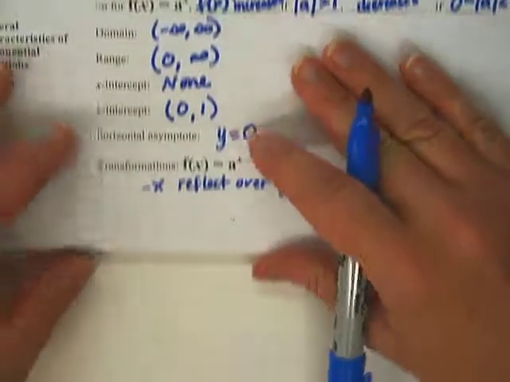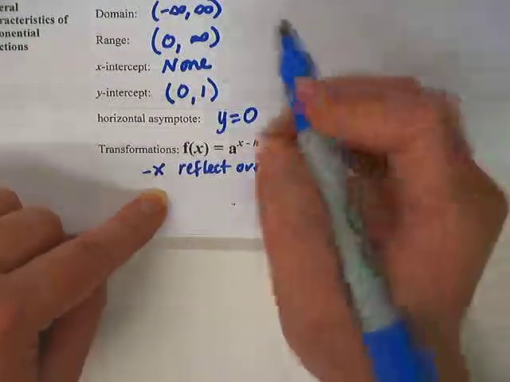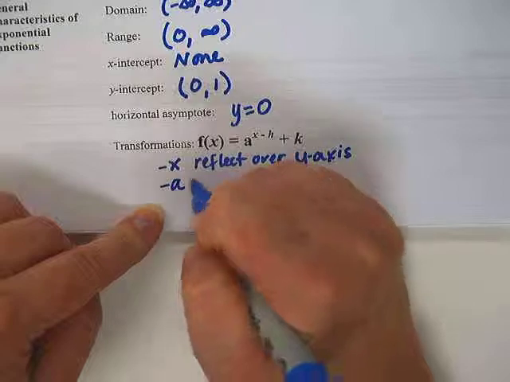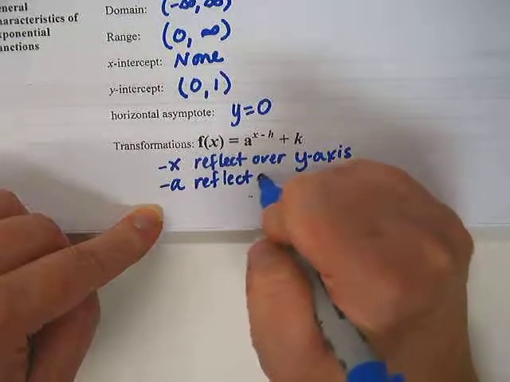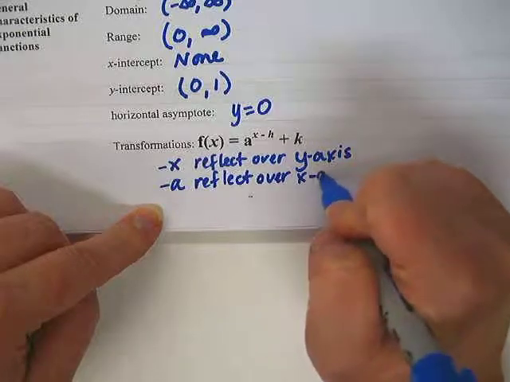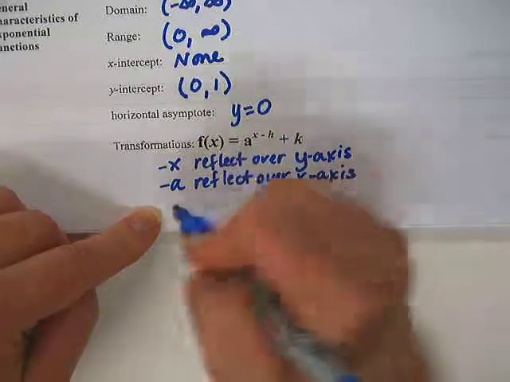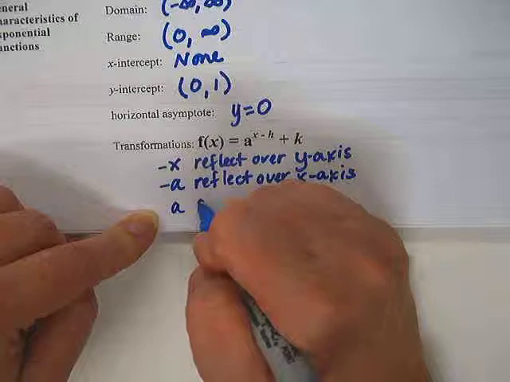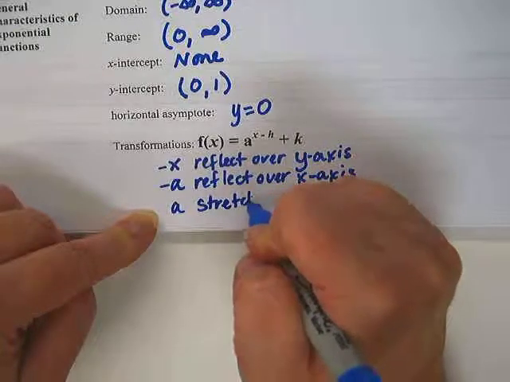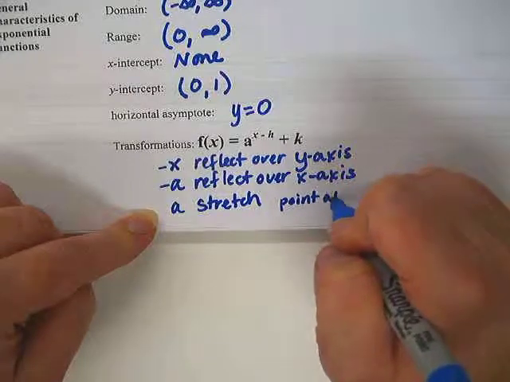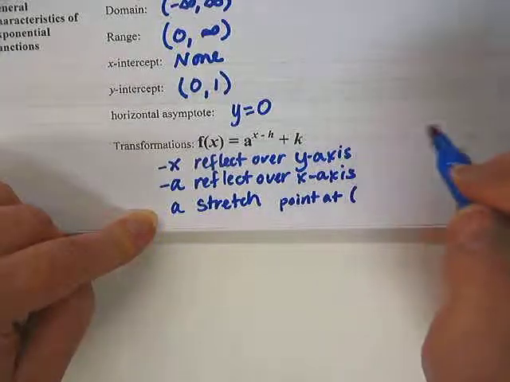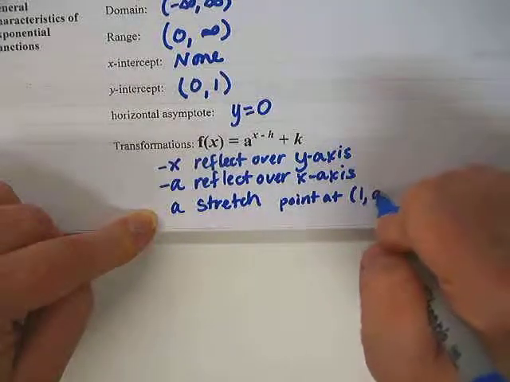It can be done either by putting a negative in the exponent when you have a number that's larger than 1 here, or it can be done by leaving the x positive but changing this to a fraction. Either one has the same result of reflecting it over the y-axis. Okay, negative x reflects over the y-axis. Of course, negative a would reflect over the x-axis, upside down, like we would expect.